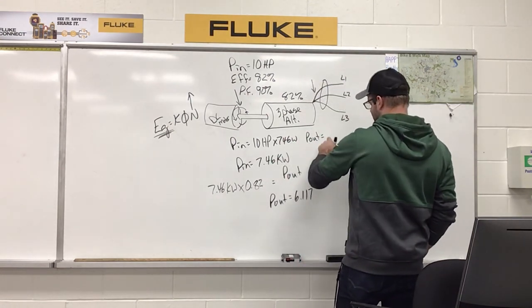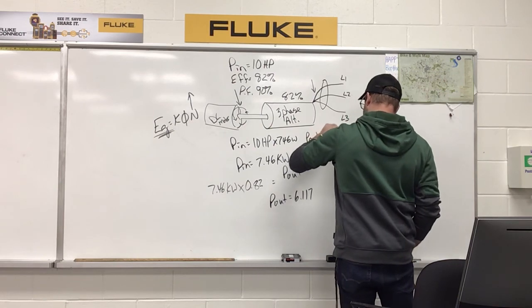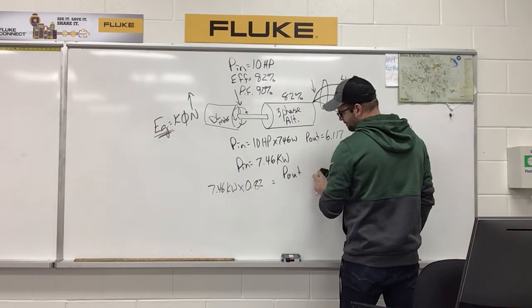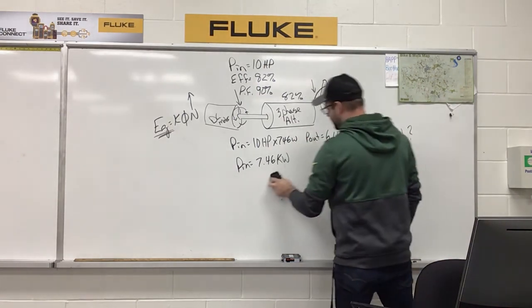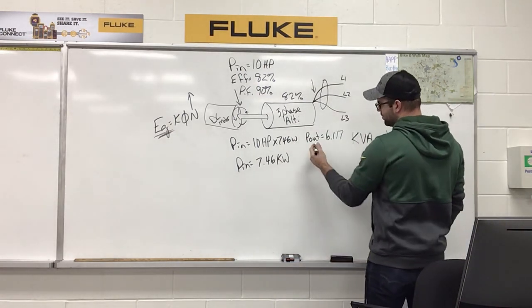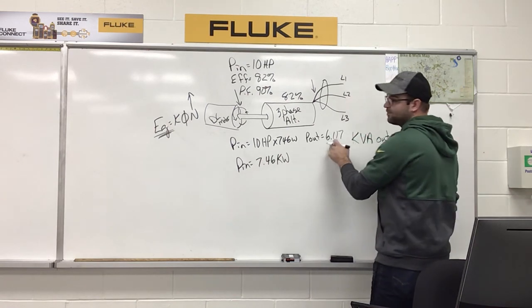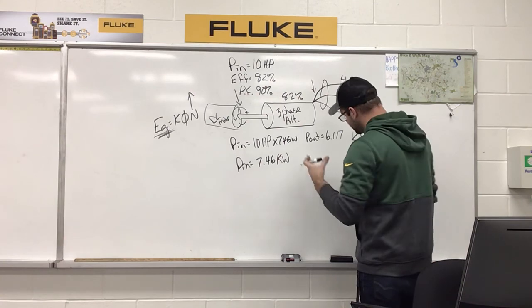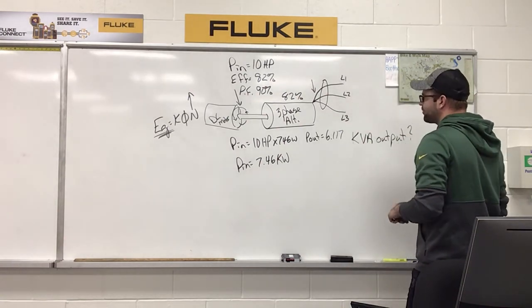Okay, so that value ends up going here, 6.117. And if you look at these two numbers, as we went from the left to the right, the value got smaller. So we know we've done at least something likely right because it got smaller.